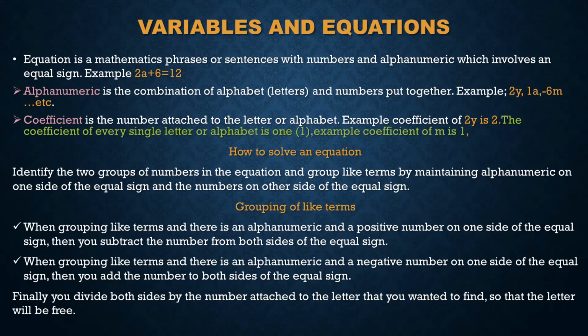Again, if the alphanumeric and a negative number are on one side of the equal sign, you add the number to both sides so that the side with the alphanumeric has 0 for the number, and then you divide both sides by the number attached to the letter to find the variable. Okay, let's quickly solve one more example.